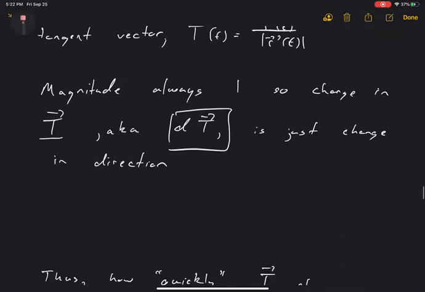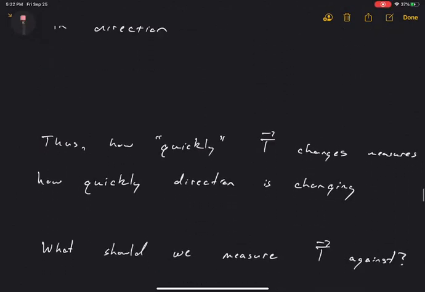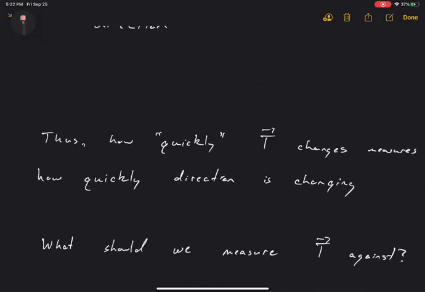So that's why I say this change in T, this dT, d capital T, is just change in direction of my curve R. Now, how quickly this unit tangent vector changes tells me how quickly my curve, my graph of R of t, is changing.